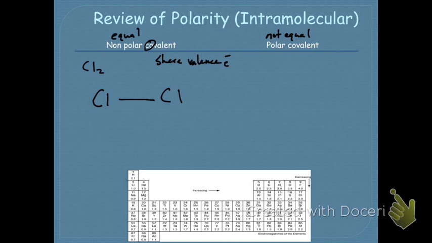Chlorine has an electronegativity of 3, so they're pulling on this valence electron. Remember, a bond is just a shared pair of valence electrons. Since both chlorines have the same electronegativity, the electrons stay in the middle and they're shared equally.